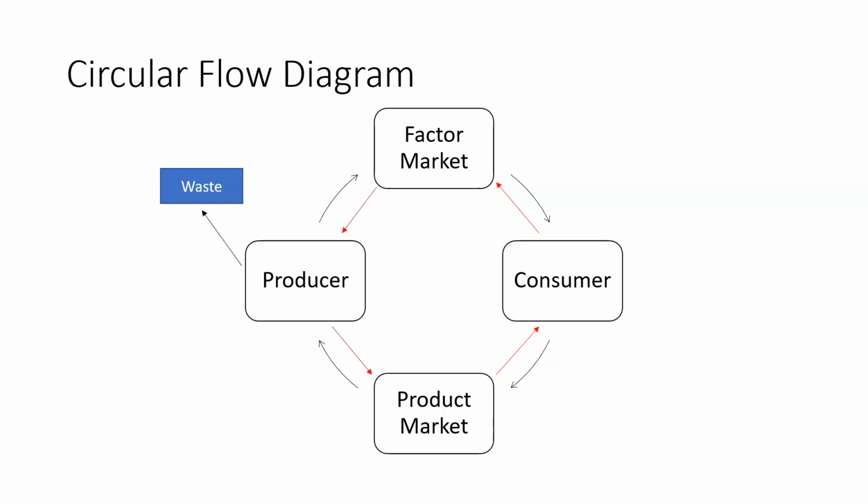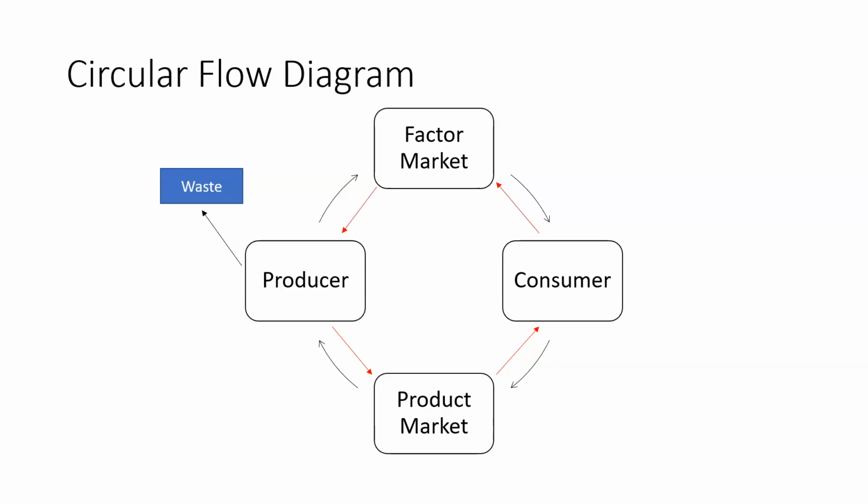Okay. Now, when we look at the circular flow diagram, you'll see there are two flows going on here. The arrows are going in two different directions. Let's look at the red arrows first, and let's start with consumers. How do consumers meet producers? Well, one way they meet them is in the factor market, because you and I sell our ability to work.